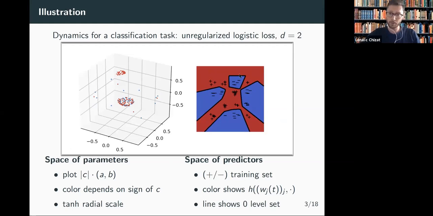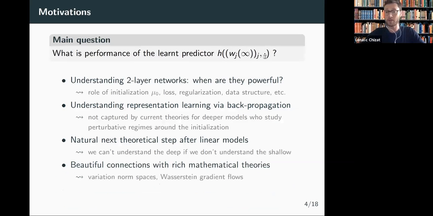So our goal in this talk will be to understand what is this predictor that has been learned by our neural network. And so we will focus on answering this question. And in particular, we want to understand its performance on the training set, on the test set, which means its prediction performance. So what are our motivations for that?